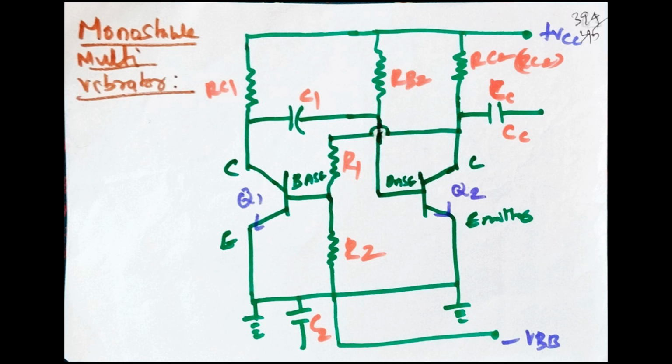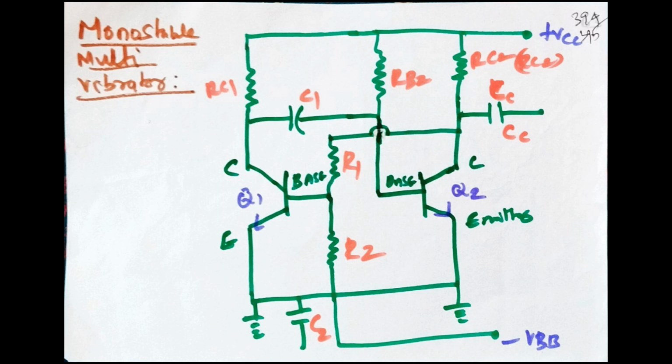The negative supply, minus VB, is connected to the base of transistor 1, so transistor 1 is off. VCE goes to 0 and T2 is on. Transistor Q2 is on. That is the stable state. Then a triggering pulse is applied to the base of T1 using capacitor C2.